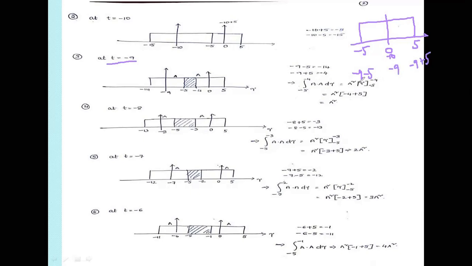All the points you can add with the minus 9. Got it, my dear students? So what happens here? Minus 9 minus 5 becomes minus 14, and minus 9 plus 5 becomes minus 4. So it moves towards the right side.